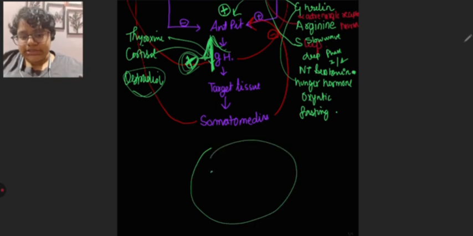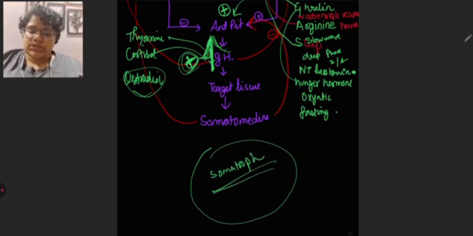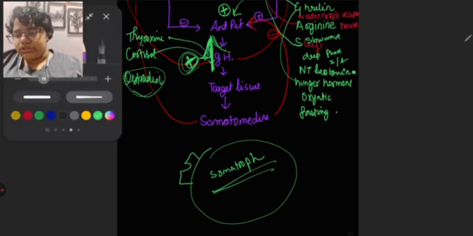Let's say this is a somatotrope. Somatotrope means the growth hormone secreting cell, and it has estradiol receptors.